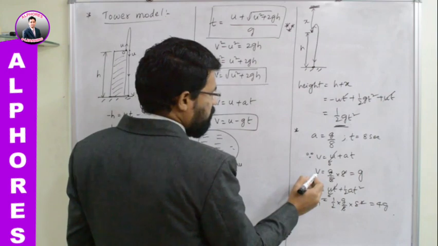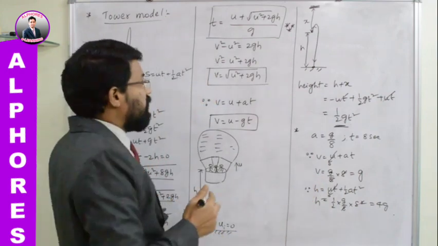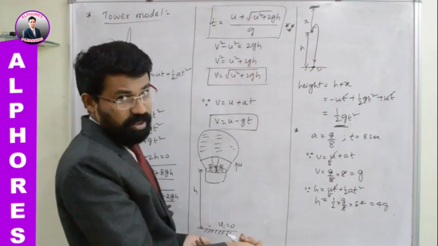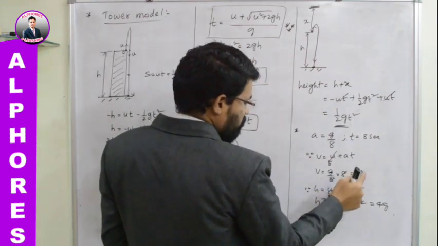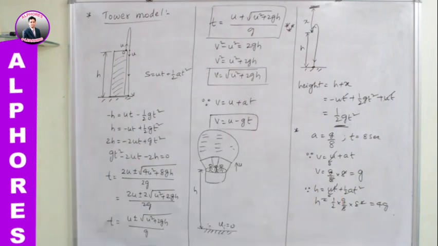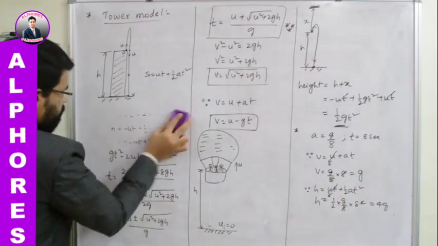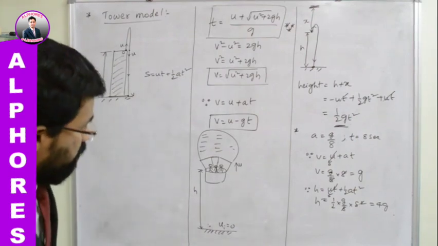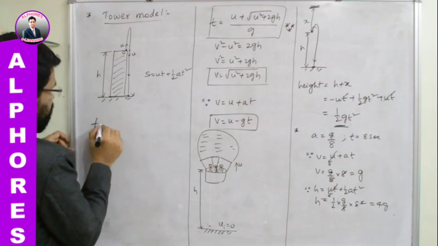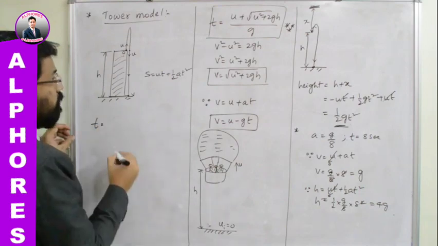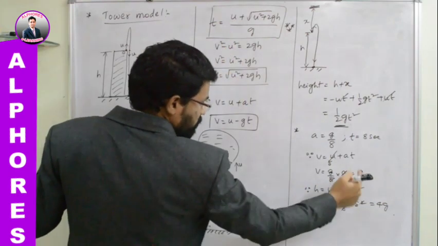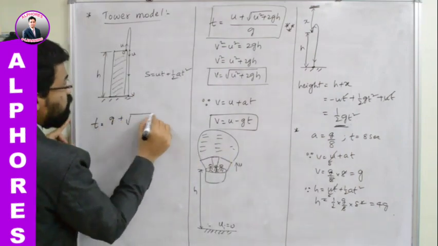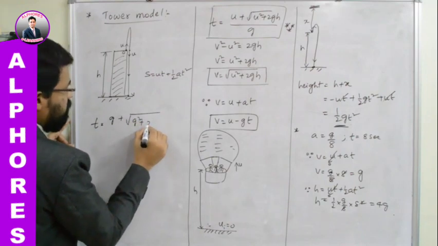Now we have the required values. The velocity with which the coin is projected in the upward direction is u, and here v and u are both the same in the present situation. So u can be replaced with g, h can be replaced with 4g. Let us try that. Time after which the coin reaches the ground is equal to u, replaced with g, plus under root g square plus 2gh.